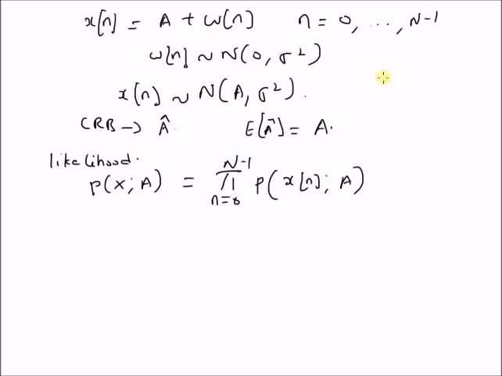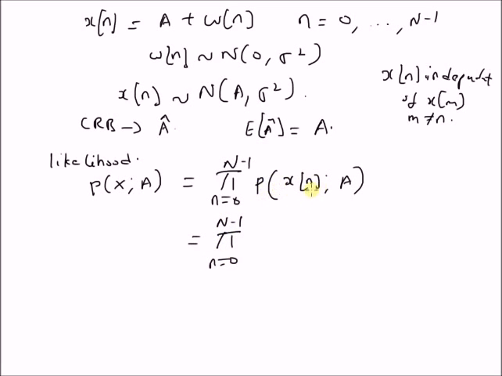That is, x[n] is independent of x[m], where m is not equal to n. So in that case, the likelihood function is the product of individual probabilities, and this is equal to the product, n = 0 to N-1.